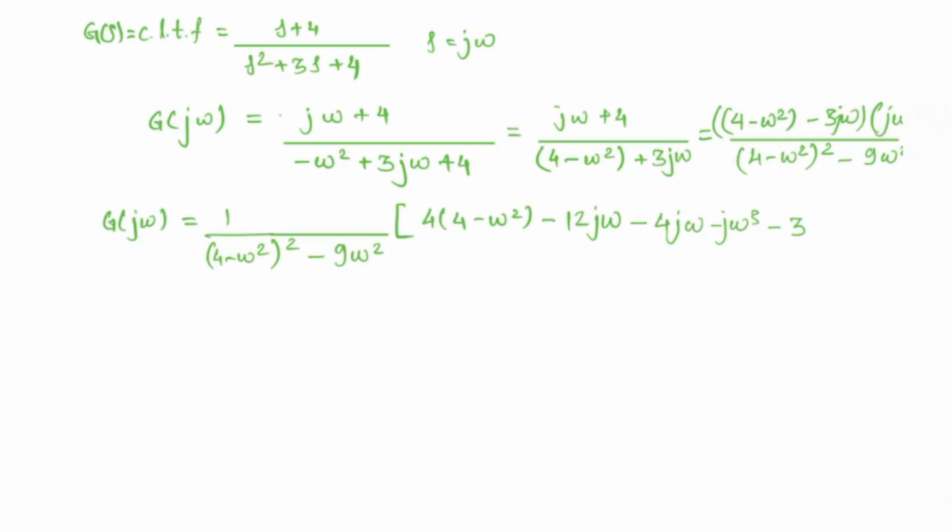Is this fine? Okay, great. So we have minus 4 omega square and plus 3 omega square. So we'll have 16 minus omega square, and then minus j in bracket, we have 12 here.